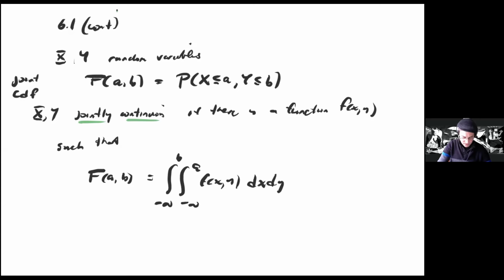And this function has a name. This is the joint PDF, the joint probability density function of X and Y. That's more or less what we did last time, and we did some examples.